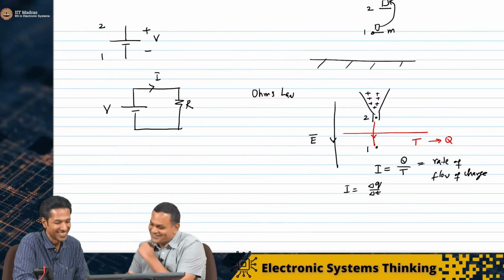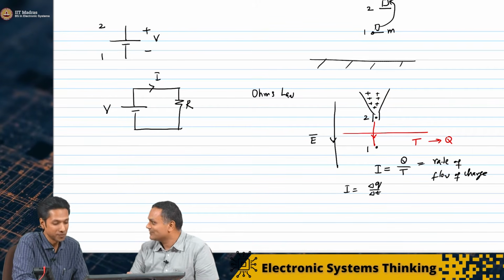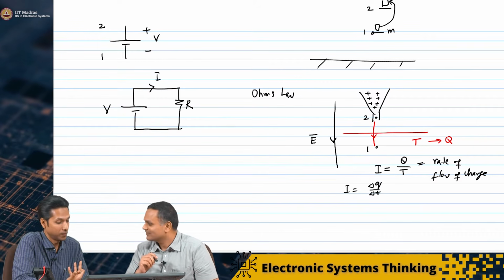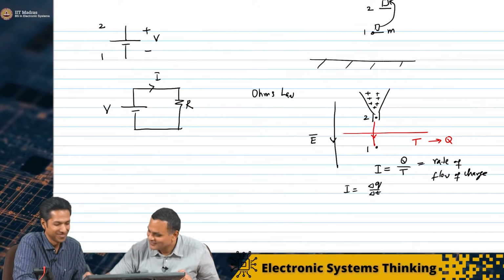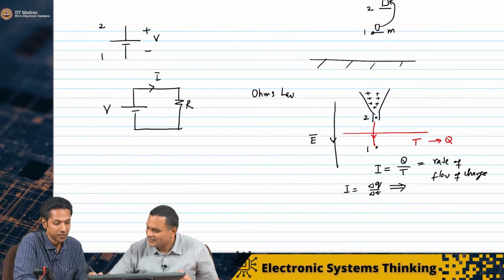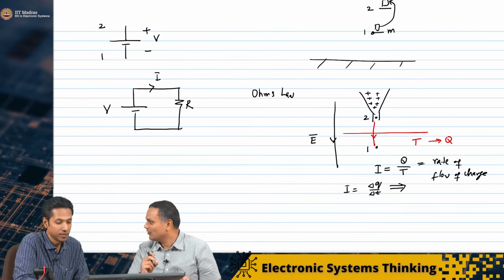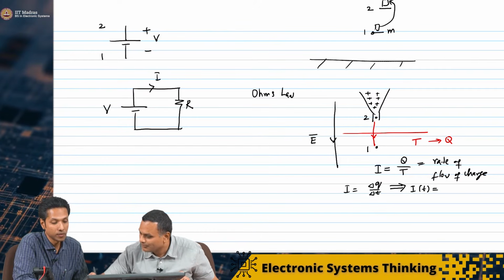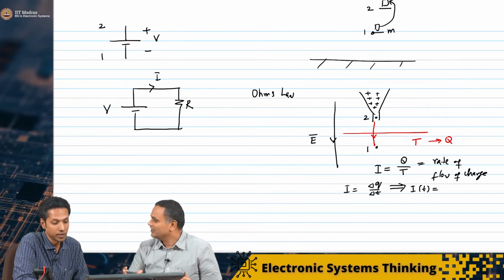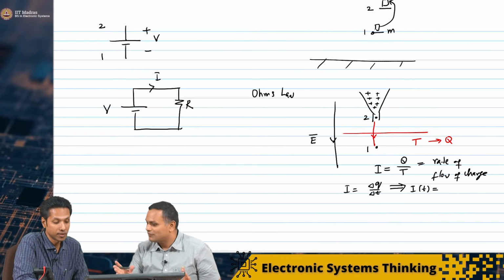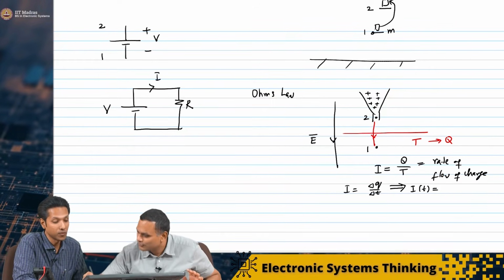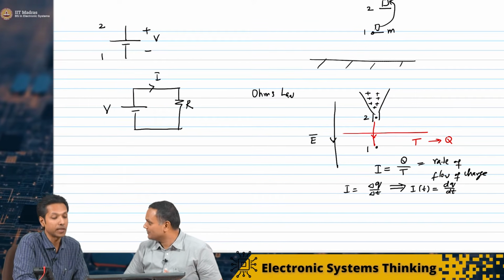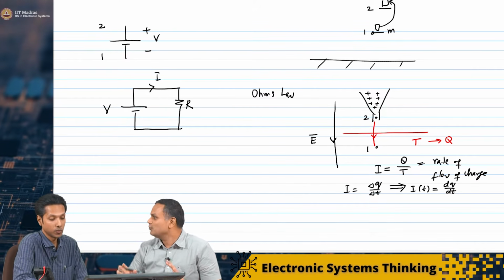If I look at the limit of this as delta t goes to 0, in the end, the current as a function of time will converge to the derivative of the charge with respect to time. So that is the most precise definition of current, which is dq by dt.